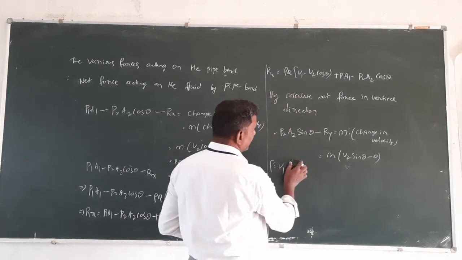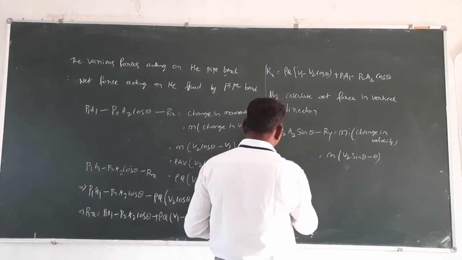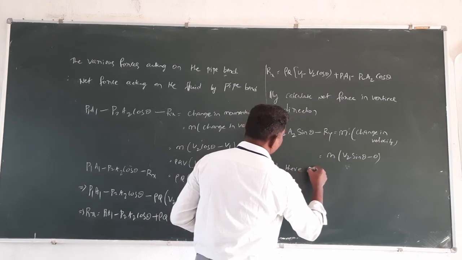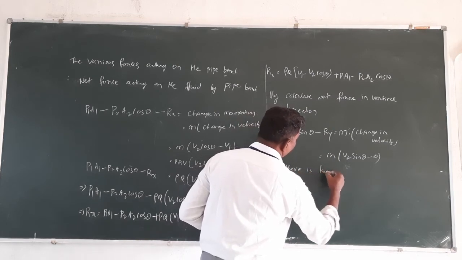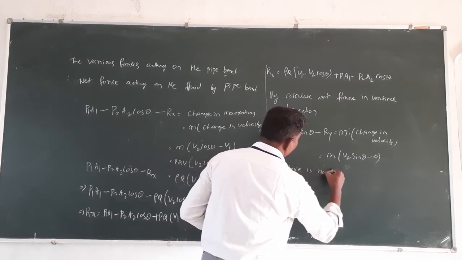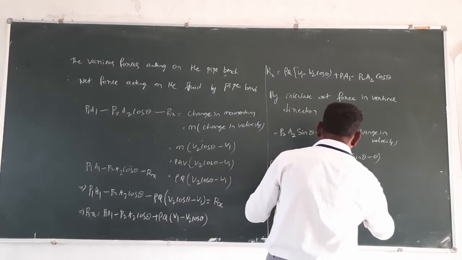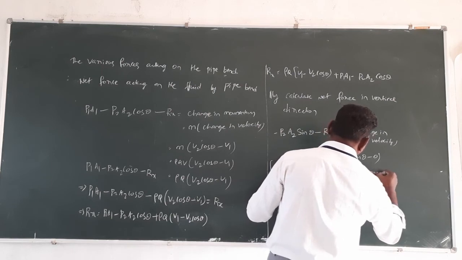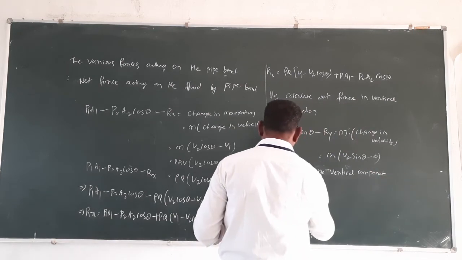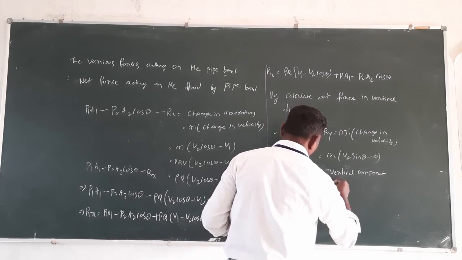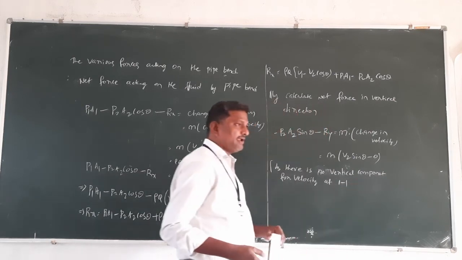As there is no vertical component for velocity at section 1. Why?